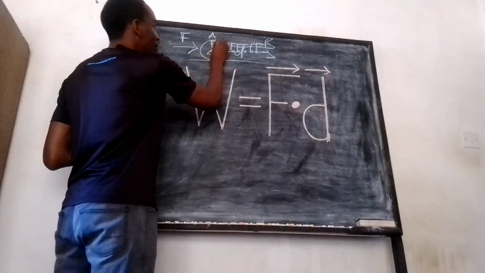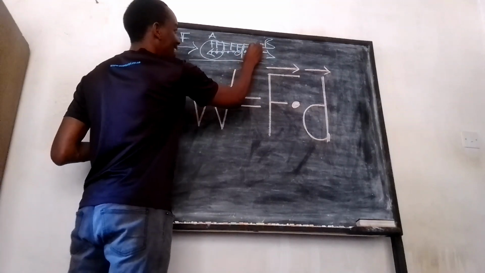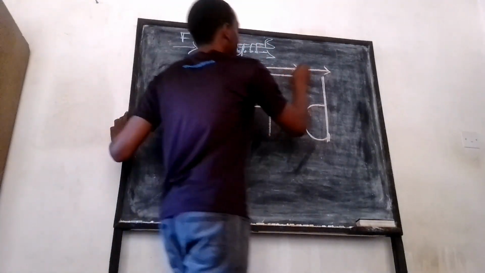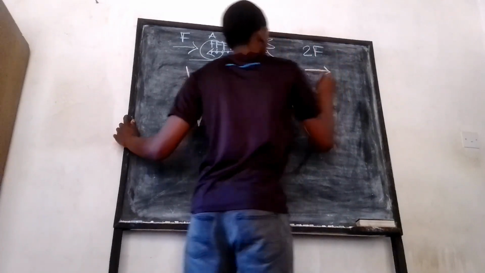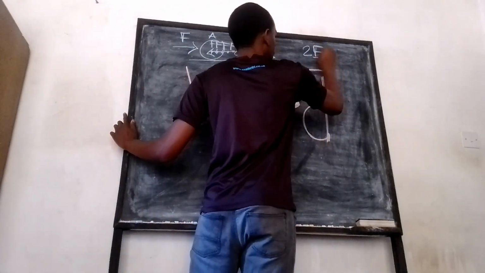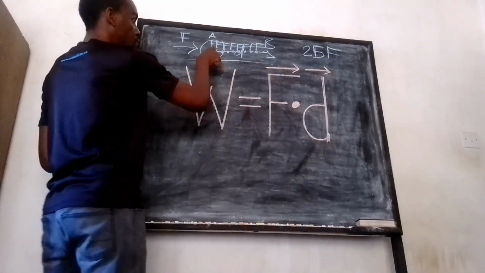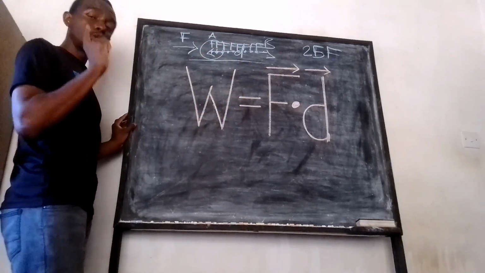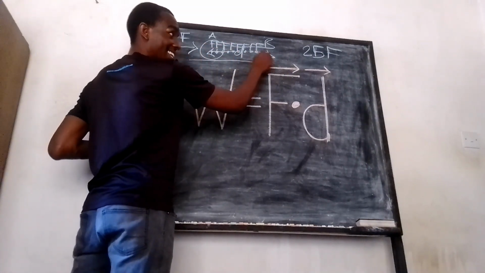We have a certain number of forces in this line of length, and we can count these. Say we've got 25 of these forces, which would mean we've got 25 points. If we have 25 of these forces along this length, it means we've got 25 points in this length.